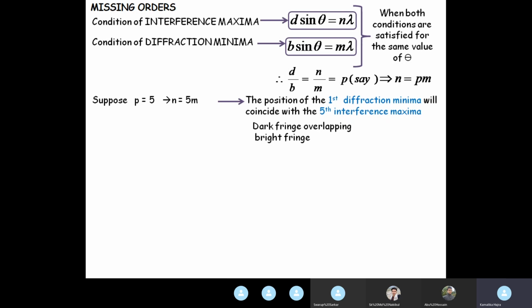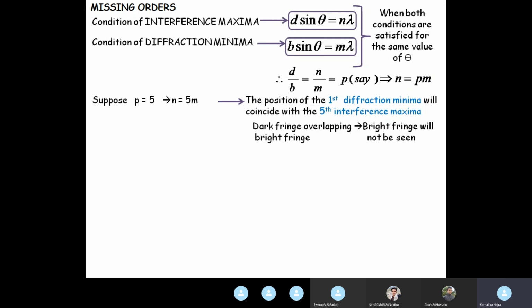Because when you are talking about the diffraction pattern, dark fringe means intensity is 0. It is not some intensity lesser than the maximum intensity. Intensity is 0. Okay. So when that overlaps a bright fringe, then you will always see only a dark fringe. The bright fringe will not be seen, because on top of it there is an I equal to 0 fringe sitting.